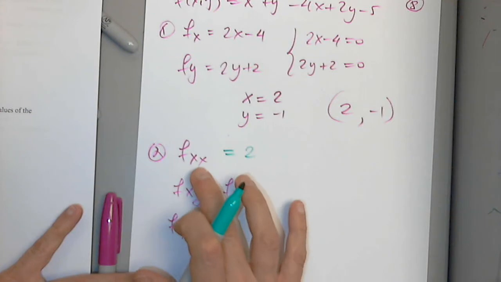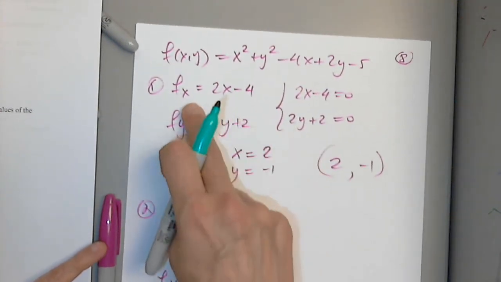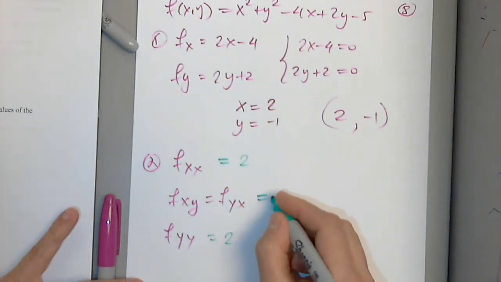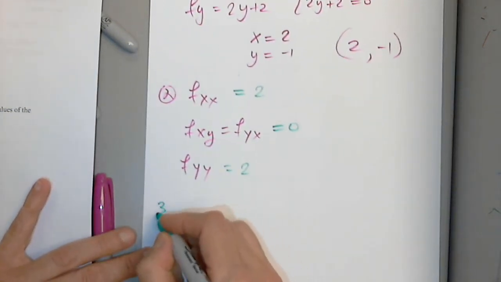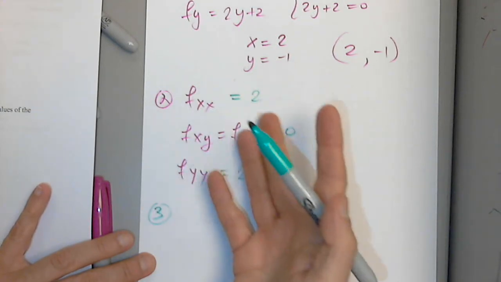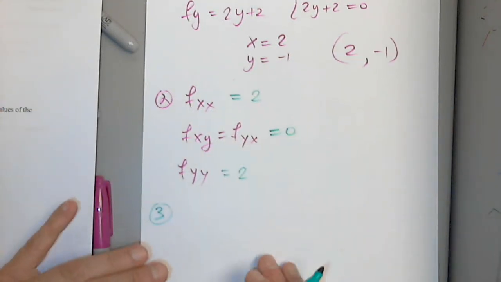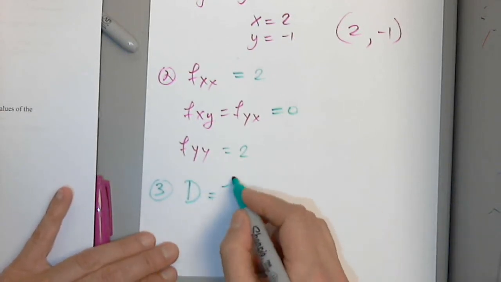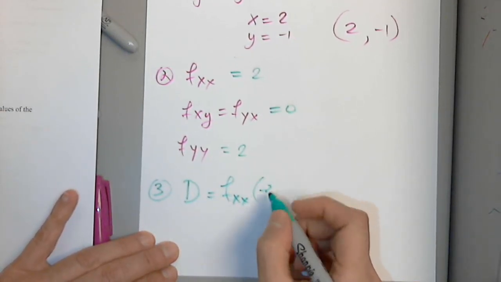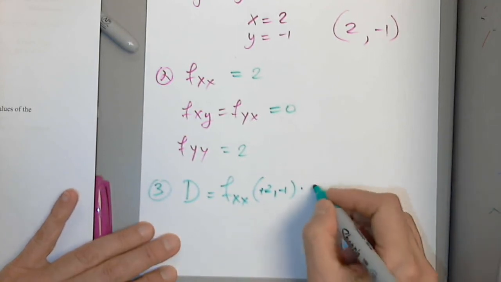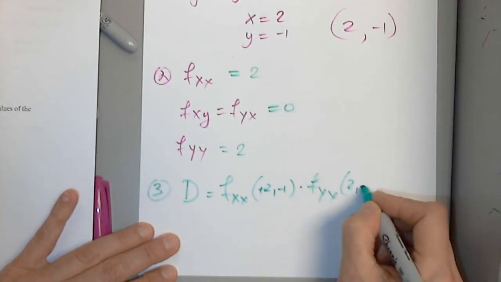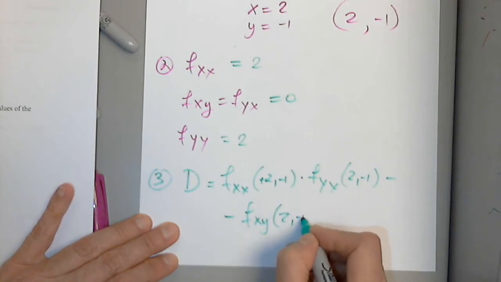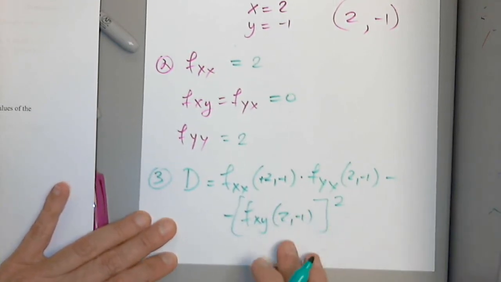Okay, so now we have to differentiate fx with respect to y. 0. So in step 3, since there is nothing to evaluate, I cannot plug in 2, -1 in any of them. These are fixed now. I have D, which is fxx at 2, -1 times fyy at 2, -1 minus fxy at 2, -1, but this must be squared.